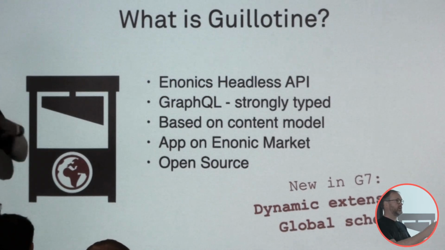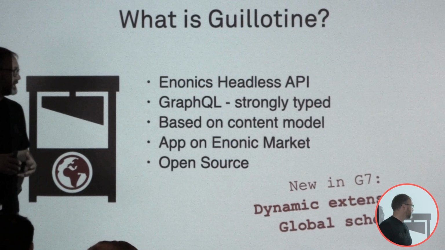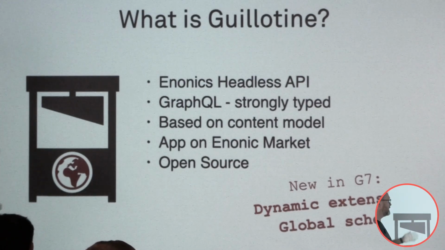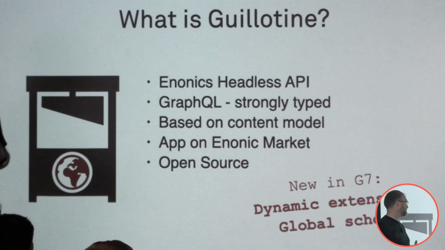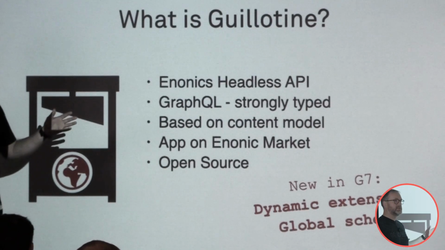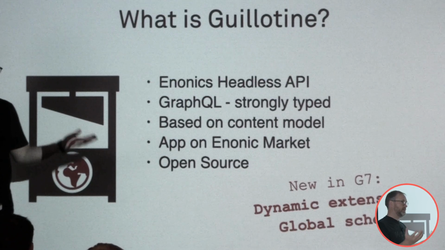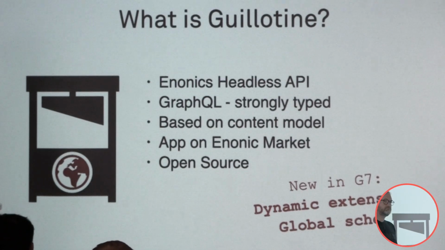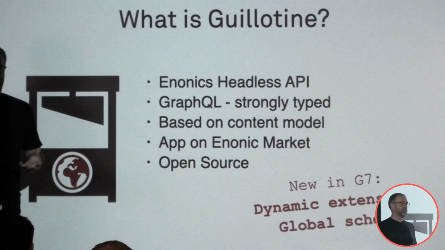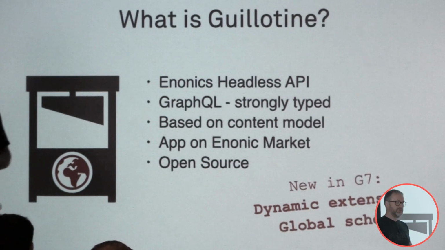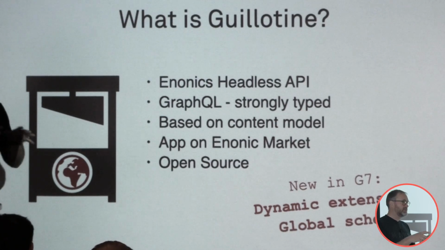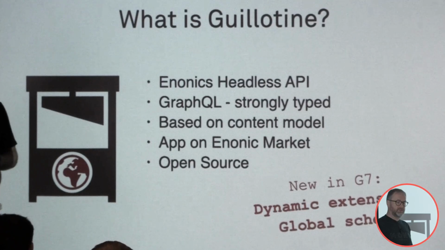So whenever you define content types and other schemas, the API automatically reflects that. And it's available as an app on Enonic Market, so you simply install it and you get everything out of the box. And like pretty much everything else we're doing, it's open source. So if you're super interested, you can dive all the way down into it.